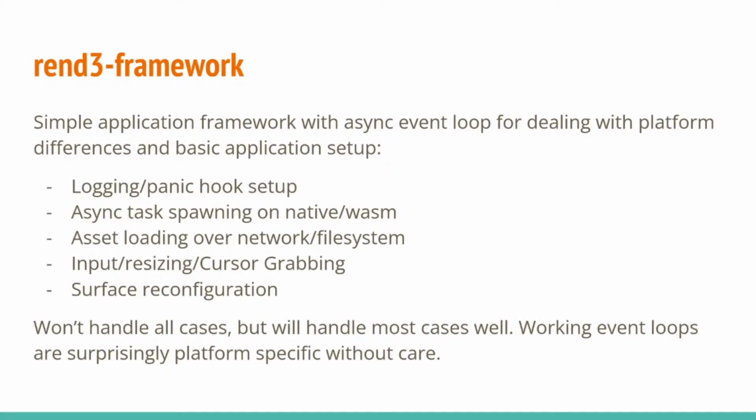So making sure logging is set up, making sure that how you spawn tasks is different on native. On native you use Tokio or async-std or whatever, whereas on WASM you have to use the wasm-bindgen built-in executor. Asset loading, because on the web there's no file system, so you have to load over the network.